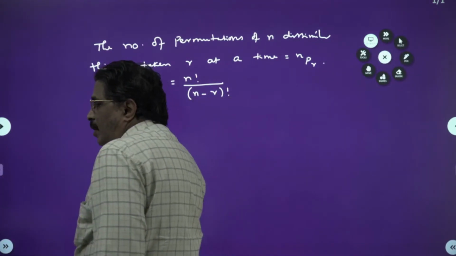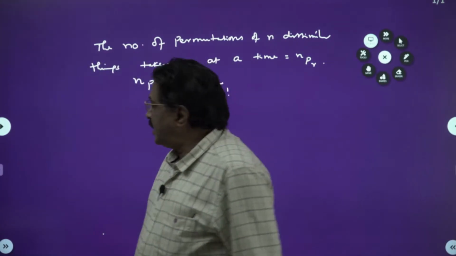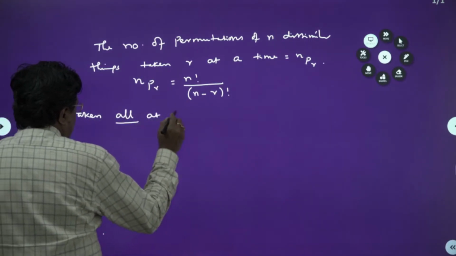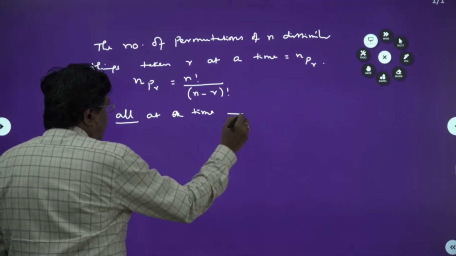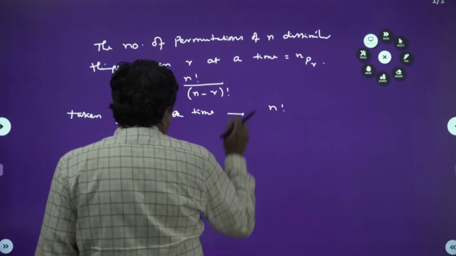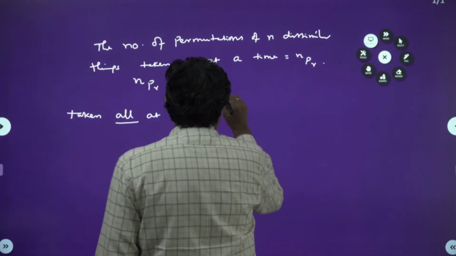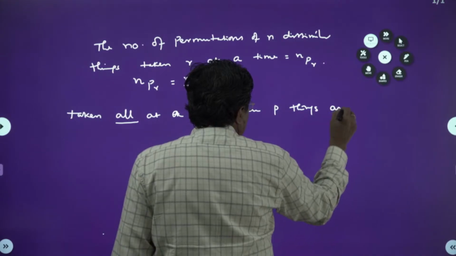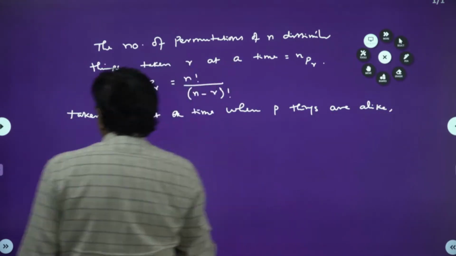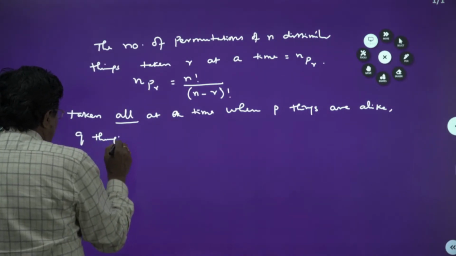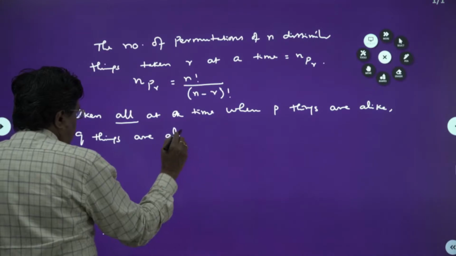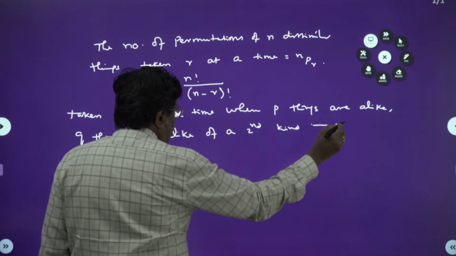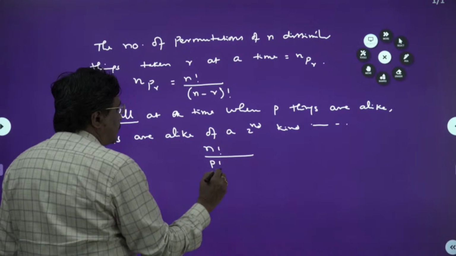Next, the number of permutations of n things taken all at a time, when p things are alike of one kind, q things are alike of a second kind, etc., is given by n factorial by p factorial into q factorial into r factorial and so on.